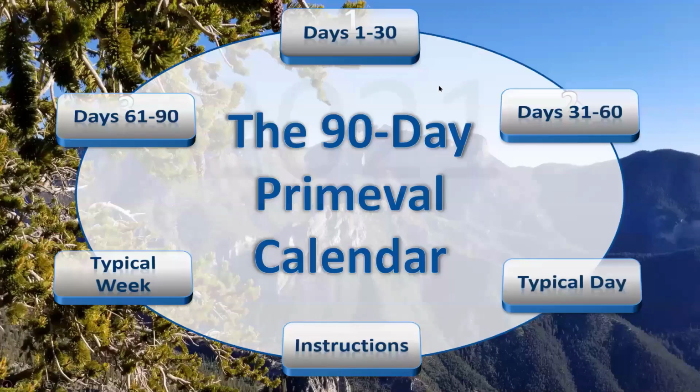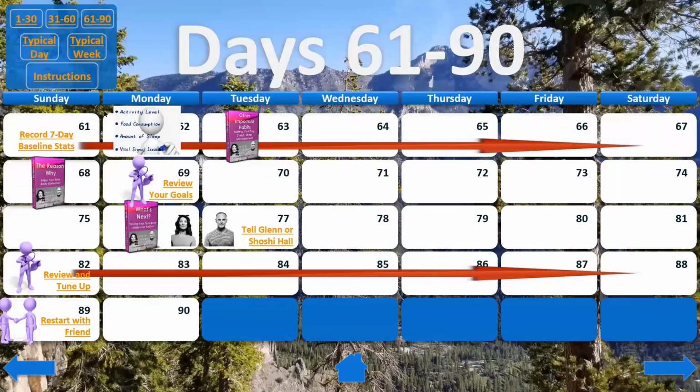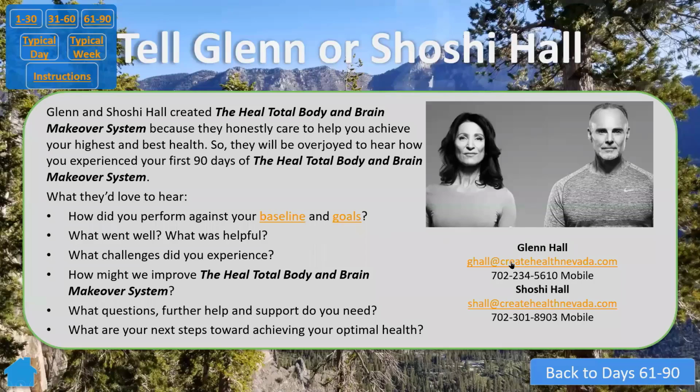Let's go back, and we're going to go to the final days, 61 to 90. And again, you start by checking in on your baseline stats, review your goals. Tell Glenn or Shoshi Hall. This is where you contact Glenn or Shoshi. Let them know how the program is working for you. What went well, what challenges did you experience? There are some things that you might want to bring up in that conversation.